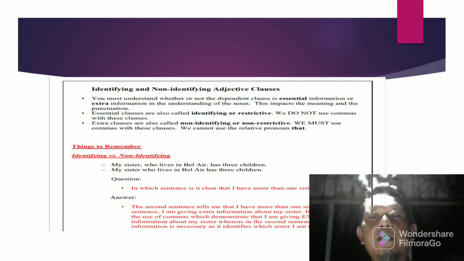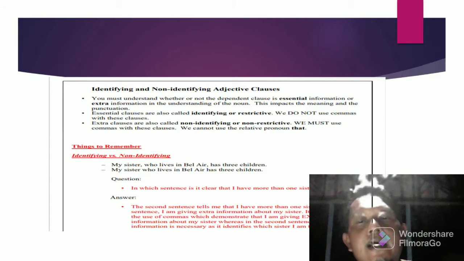Essential clauses are also called identifying or restrictive. We do not use commas with these clauses. While extra clauses are also called non-identifying or non-restrictive. We must use commas with these clauses. We cannot use the relative pronoun that. Take a look at the example on things to remember.